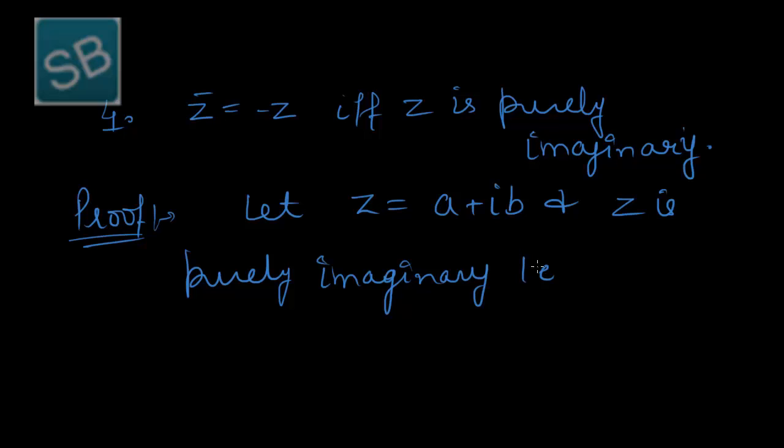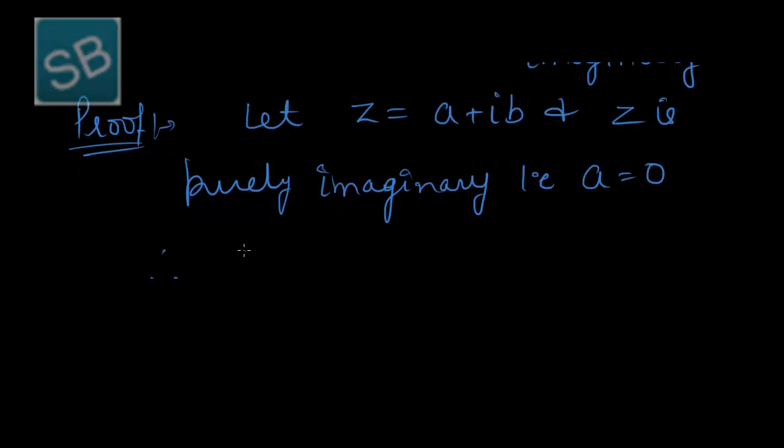That means a is equal to 0. Therefore, z is equal to iota b.